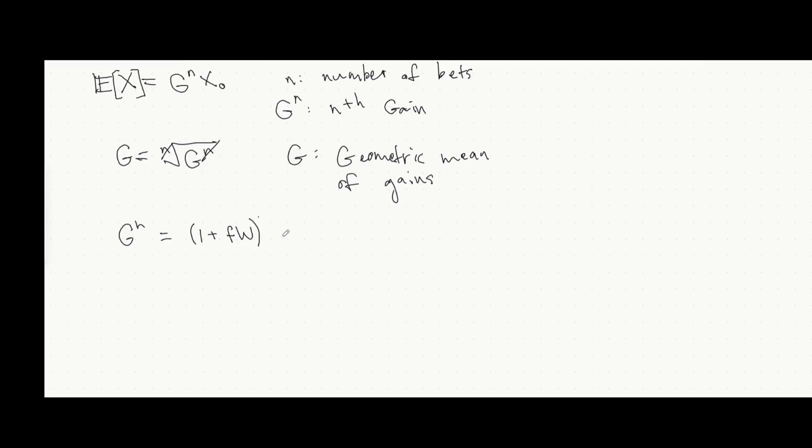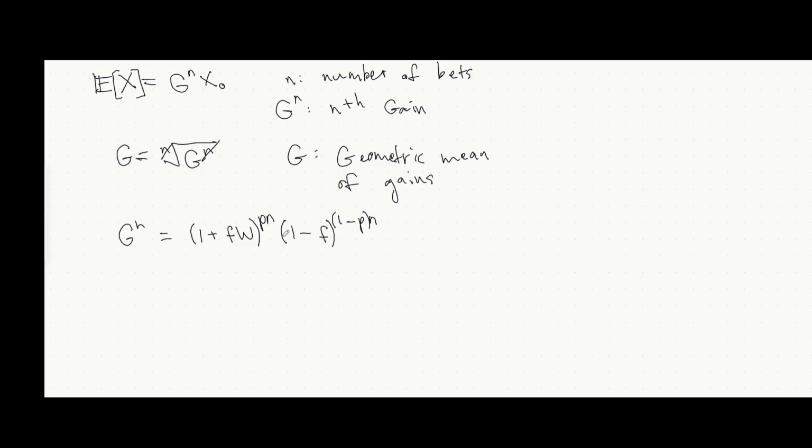And that's going to occur with probability P times the number of bets so far, and, sorry, not plus, but times the amount of loss we've made. So every time we lose our bet F, we subtract that from the whole. And that's going to occur with probability 1 minus P, the remaining probability, times the number of bets N. So this is going to be the expected outcome, the expected gain after N bets.